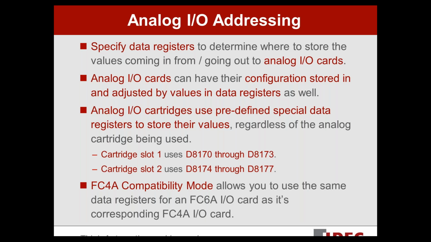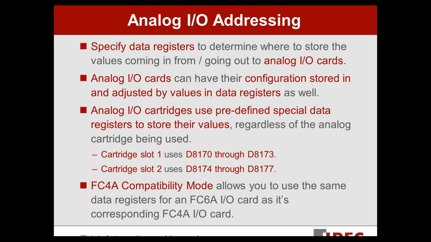So the older I/O from the FC6A, FC5A series, you can't take those cards and put them on an FC6A PLC. But what FC6A compatibility mode does for you is in the software, you can pick your closest FC6A card that you're converting from, and it will use the same data register mapping as what that card used in the FC6A, FC5A program in the FC6A program.